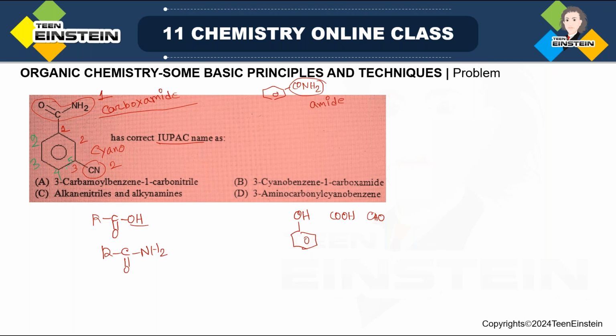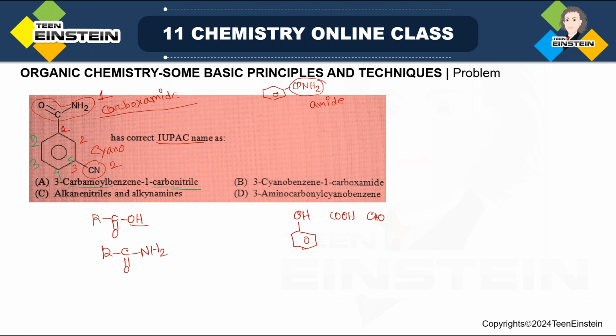But 1, 3 is obviously better than 1, 5, so that is why we will focus on 1, 3. Now look at the options. Here in option A, it is mentioned as carbamoyl, but this type of term is not used. And also cyano will be used, not nitrile. Here CN group is mentioned as carbonitrile, but that is not the right way to use this.